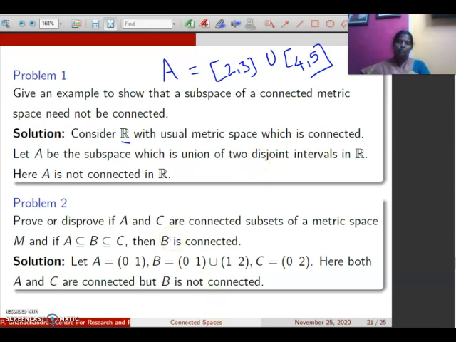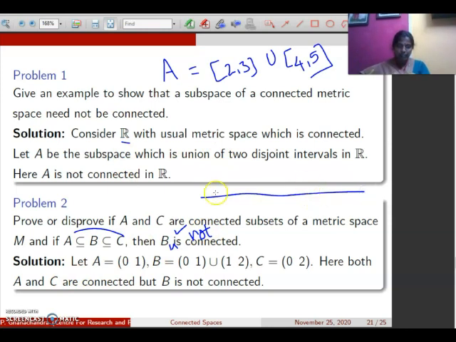Another example: prove or disprove, if A and C are connected subsets of a metric space and B lies between A and C, then B is connected. Here A is connected, C is connected, but B is not connected. So, see, in the real line, we took an example.